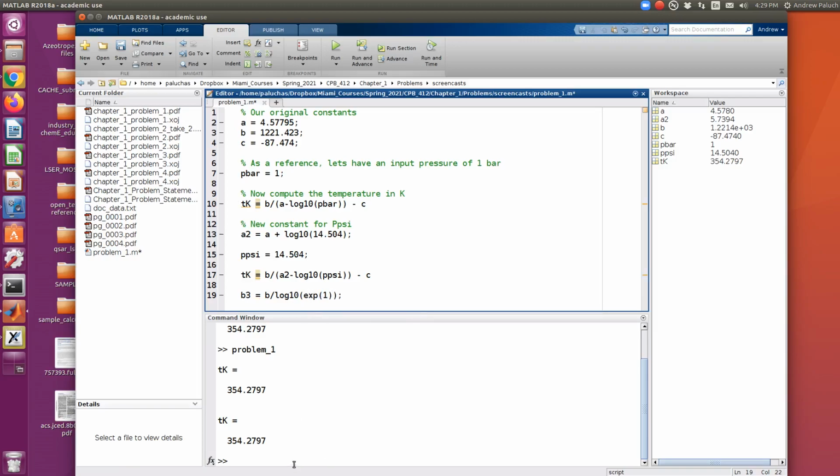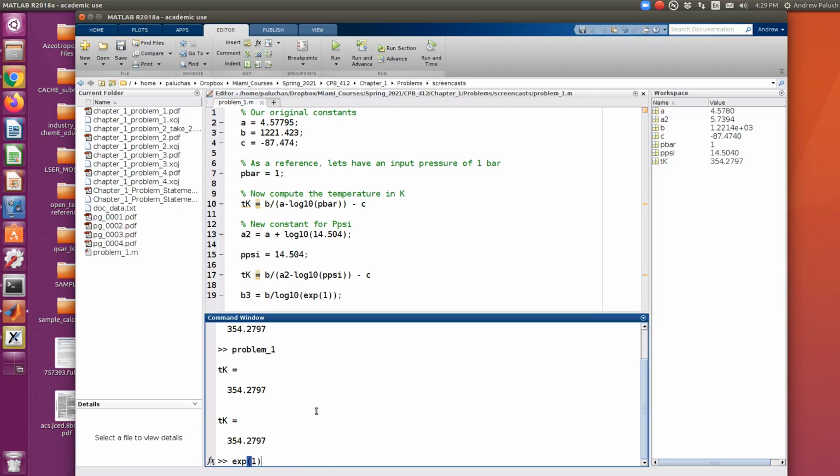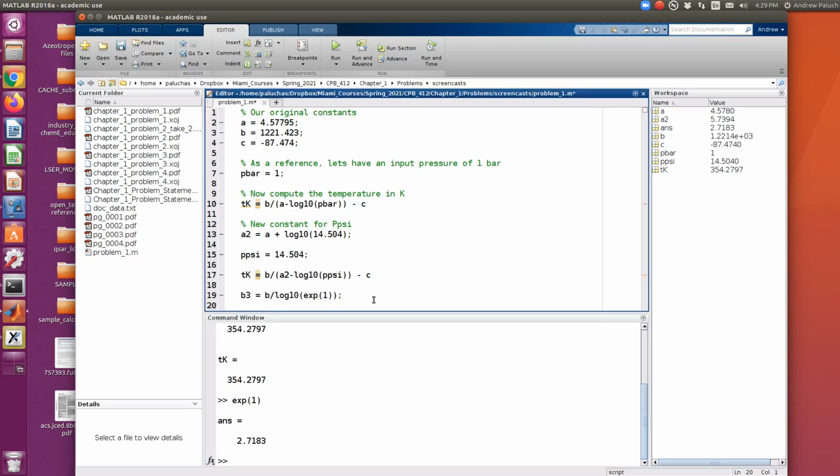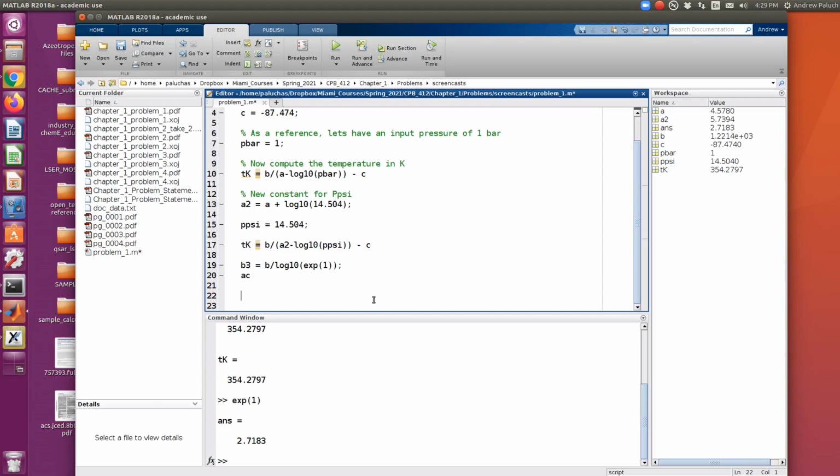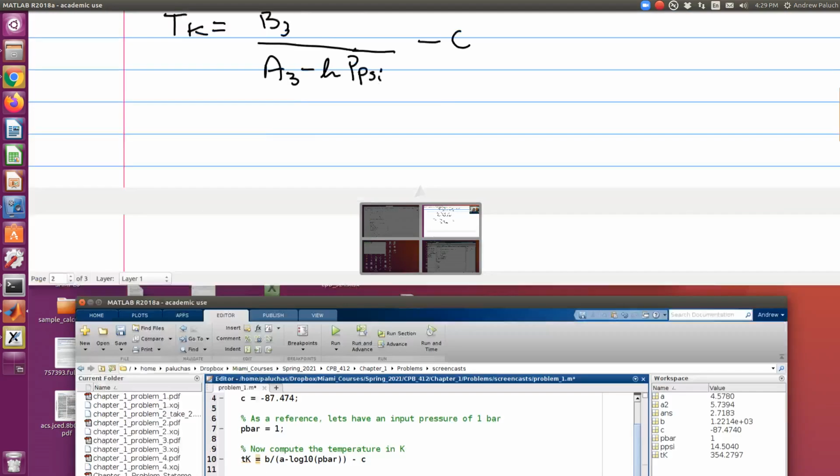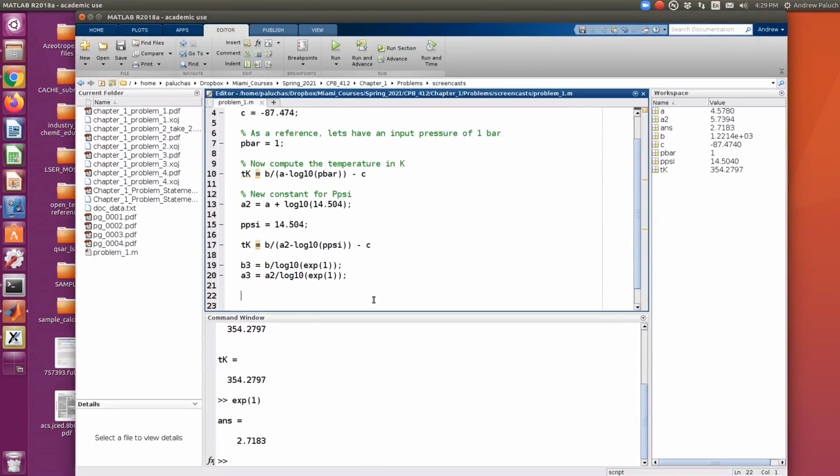In MATLAB, exp is e raised to a power, so I'm going to do e raised to power 1. So I have b divided by log base 10 of e. And a3 is equal to a2 divided by log base 10 of e.